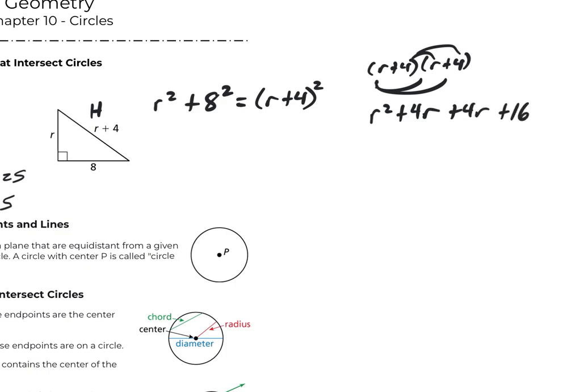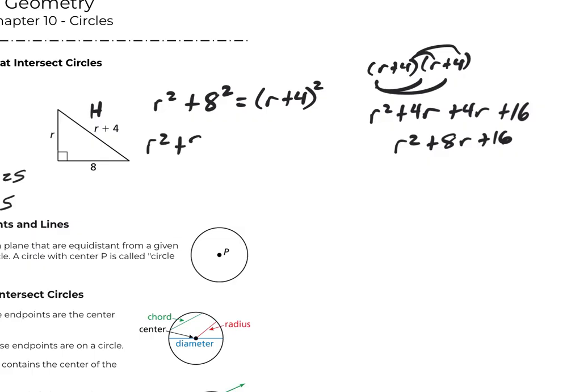And we're going to see some problems that have this today. The most common mistake here is people will see this and they'll square the R and they'll square the 4, but they'll forget the middle parts, the outside and the inside parts. Okay. So this really becomes R squared plus 8R plus 16. But it's been a little while since we've done FOIL.